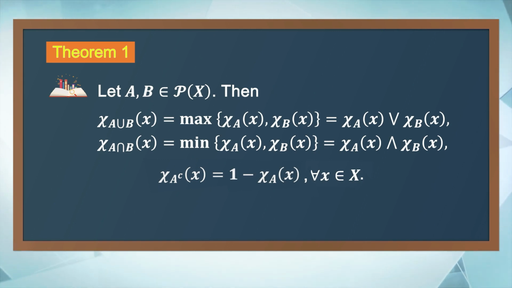Here we have used two symbols. We use this symbol, join, to denote the operation of taking the maximum of two numbers. And we use this symbol, meet, to denote the operation of taking the minimum of two numbers.